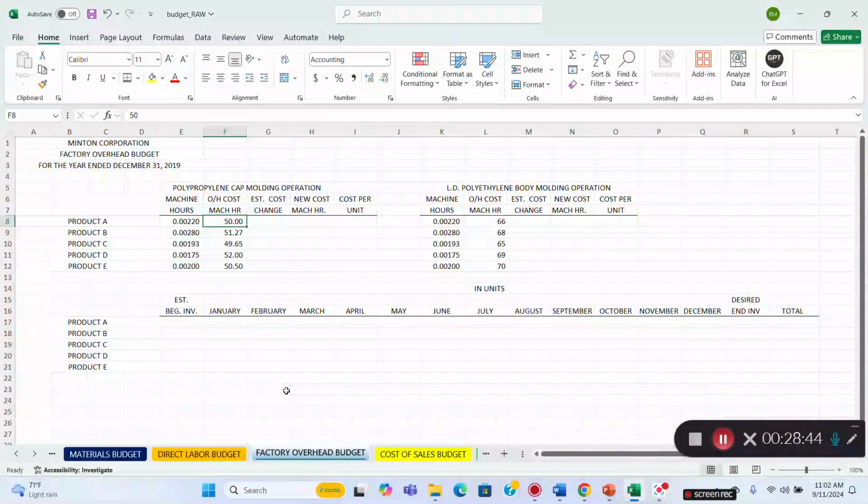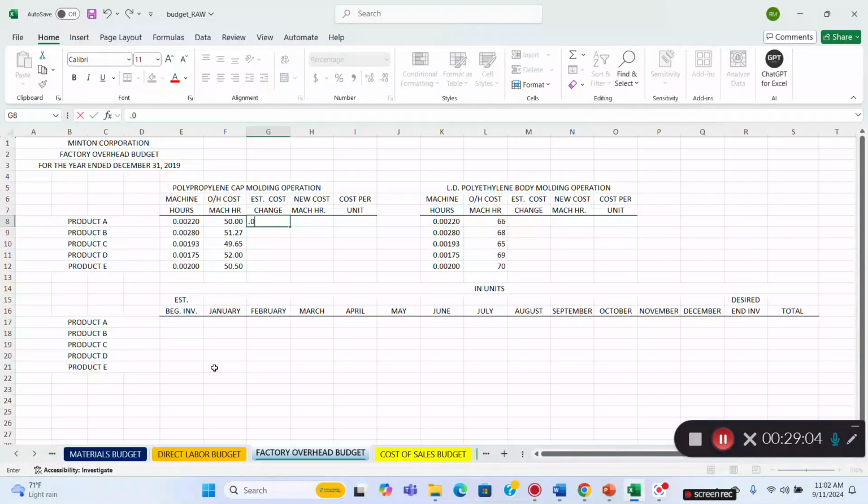And I can make the assumption that if we want to, that we're going to have a change in the estimated cost. Okay, so if I say the estimated change here is 0.02 up, and this one is 0.03 up, and this one is minus 0.02 down.